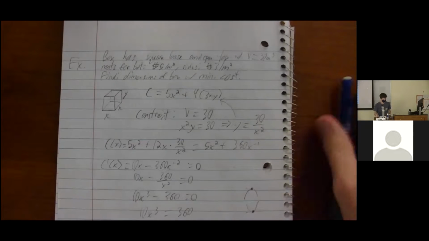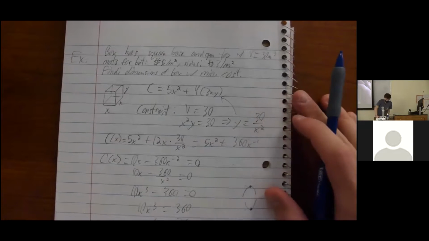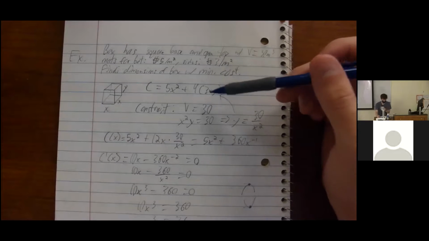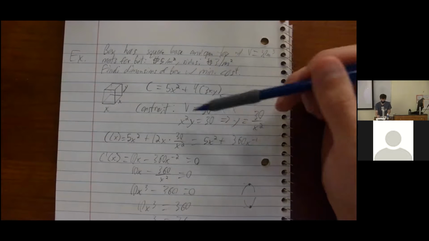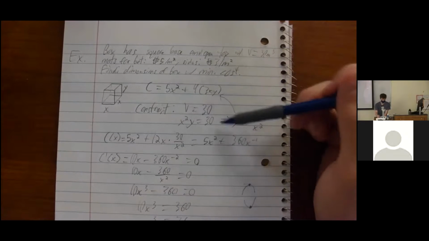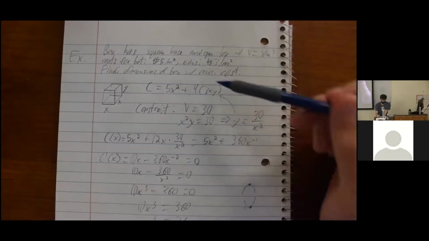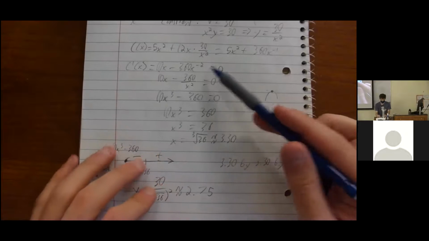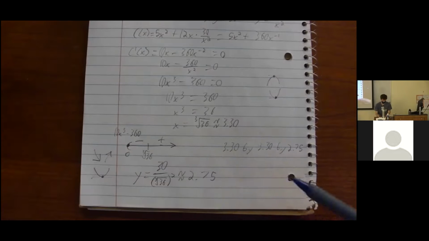So with optimization problems in general, you're only going to be working with two different equations. Your first one is generally going to model what you're trying to find the actual minimum of. The second one uses the constraint. From the constraint, you plug it back into the original thing. You take the derivative of this original one, set it equal to 0, and then it's like a min-max problem from there on out.